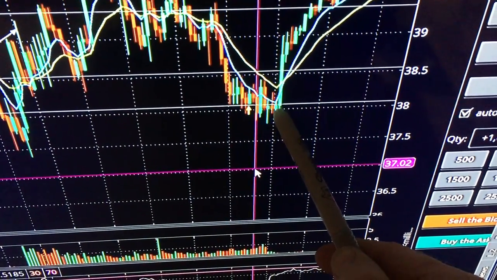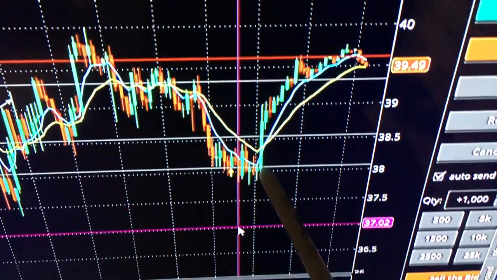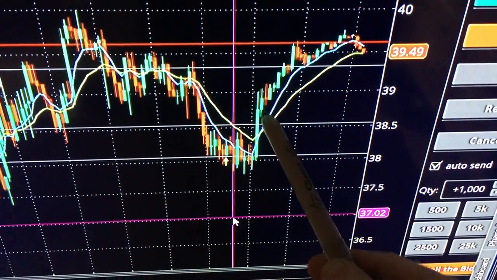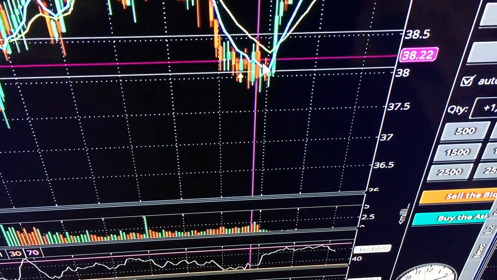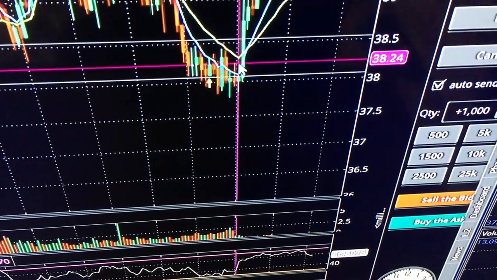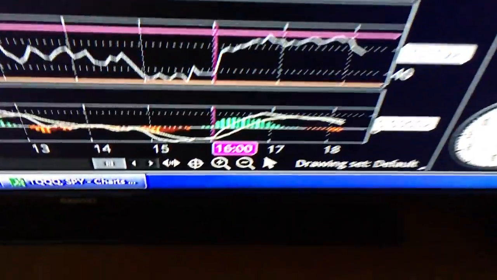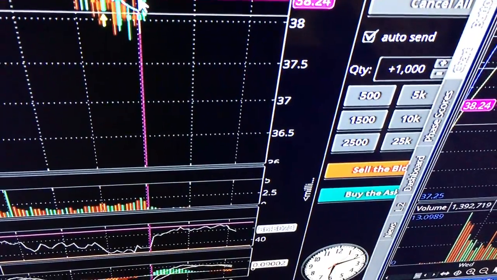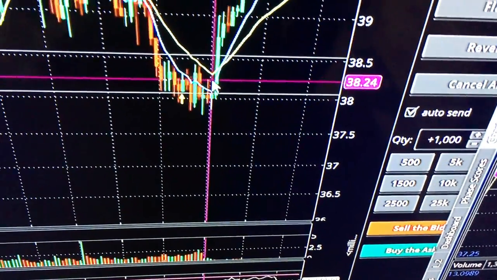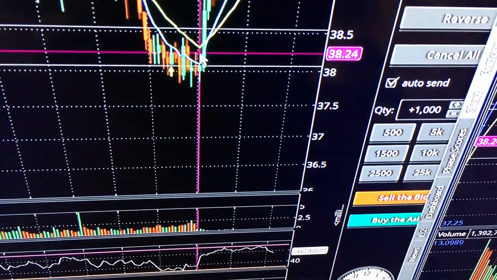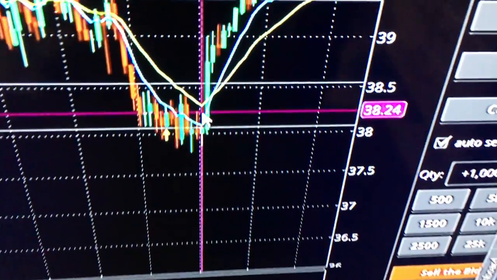Price did come back down. However, it took off from there. But it took off following my purple vertical line there. It took off at the close. In other words, price was suppressed until 4 o'clock hit.